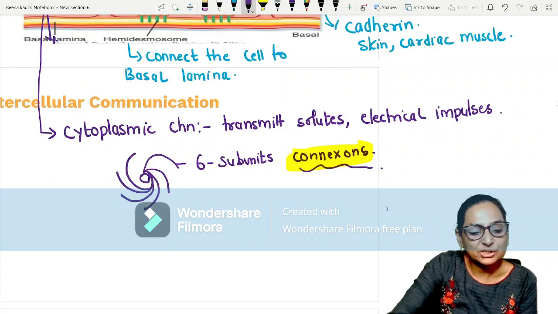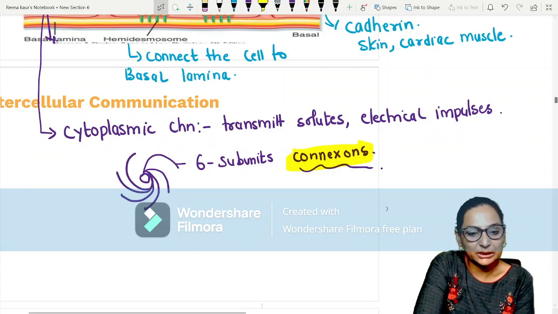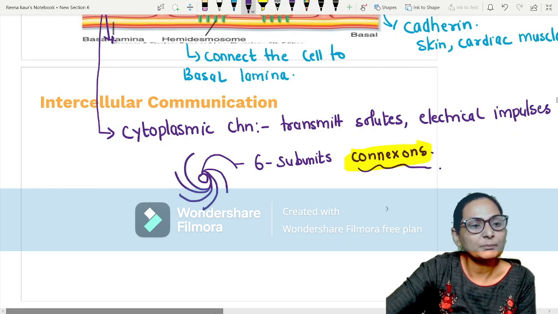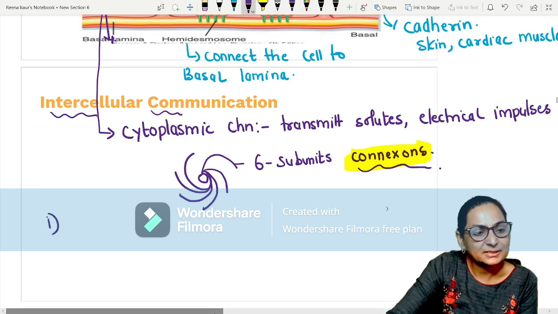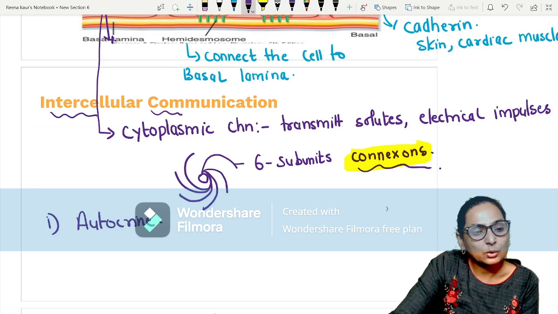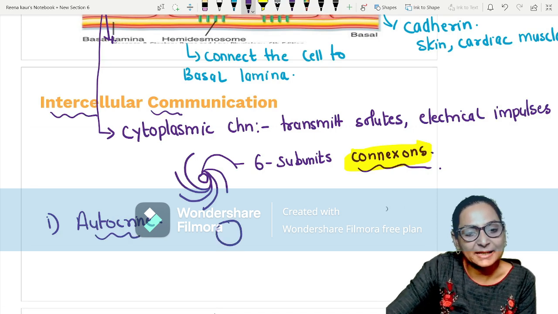Now there is something which is called intercellular communication. This question was there for NEET PG last year. So first is autocrine. Autocrine means what? This is a cell.